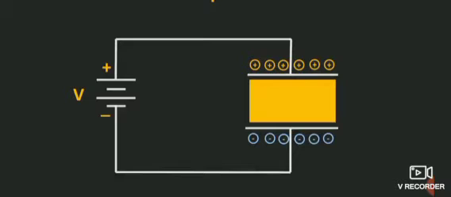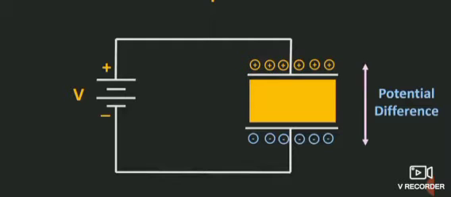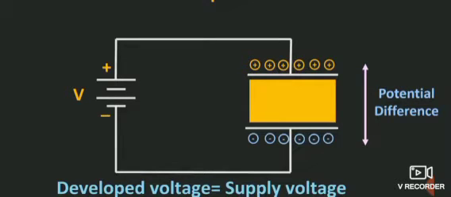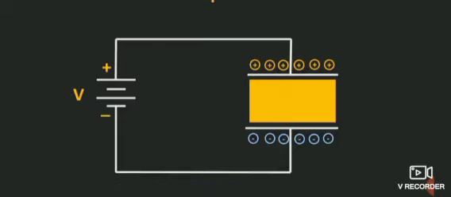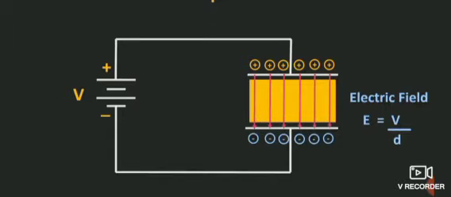It is given by C equal to Q by V. Here the developed voltage is equal to the supply voltage.